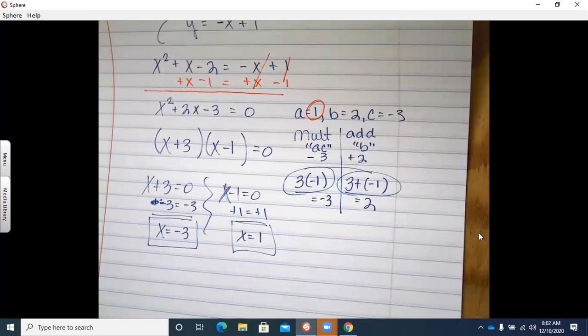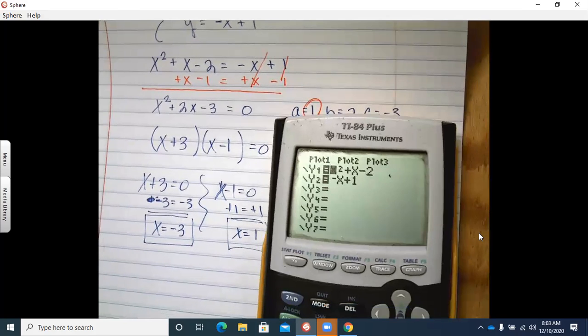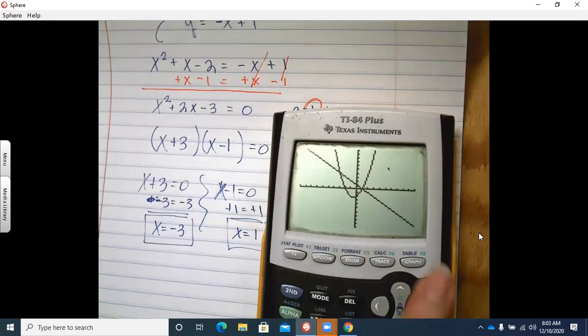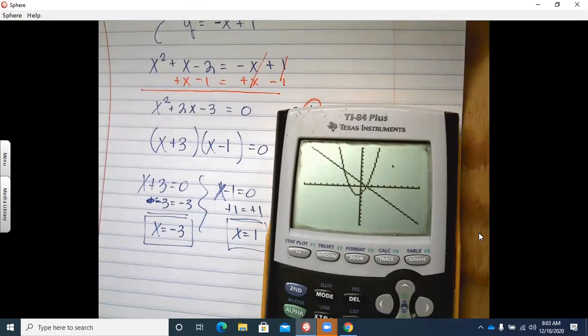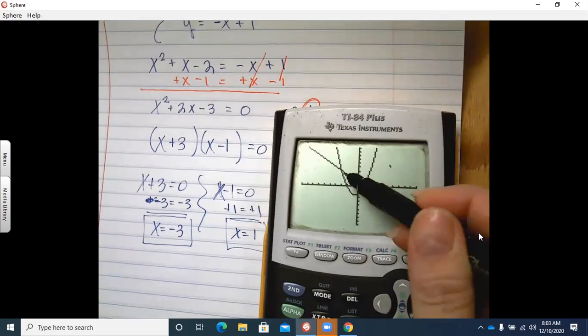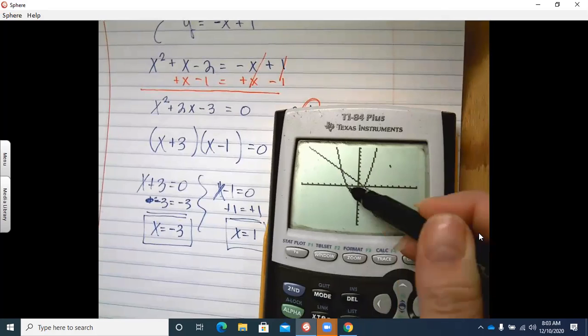So let me try this again with my graphing calculator. I entered the two equations. I have the quadratic equation, I have the linear equation. And I'm going to hit my graph button. Does it look like the x value of the ordered pair where these are intersecting is -3?